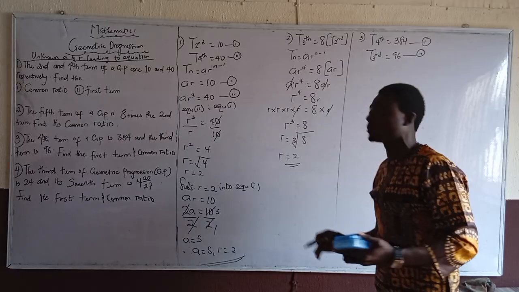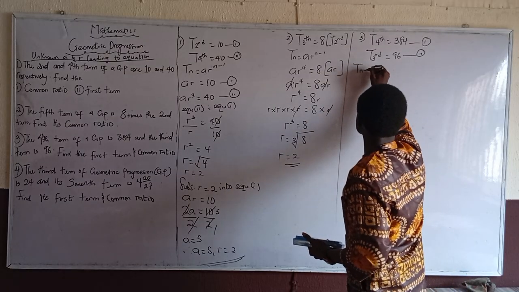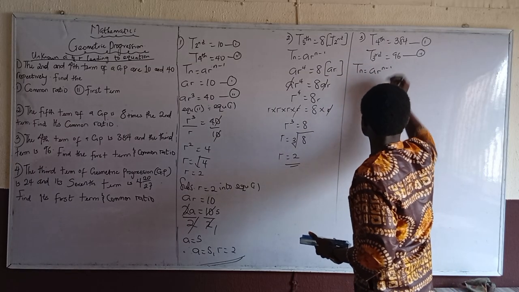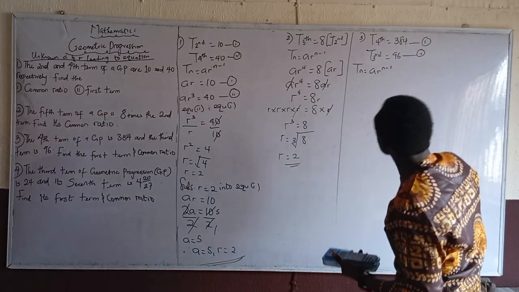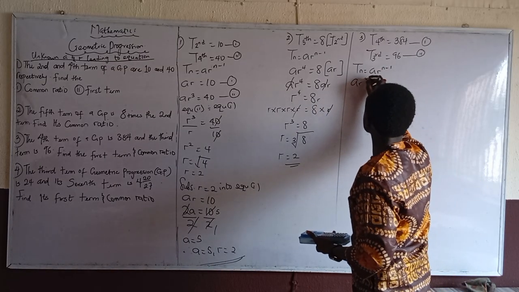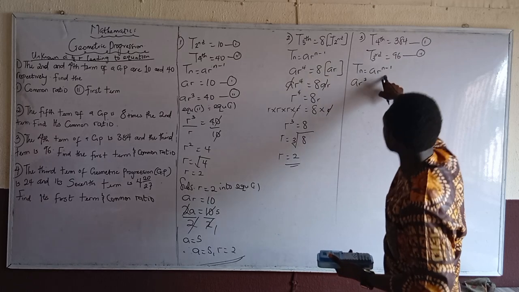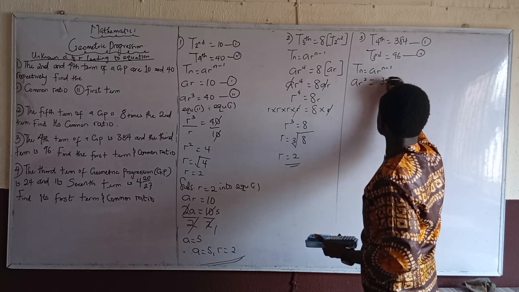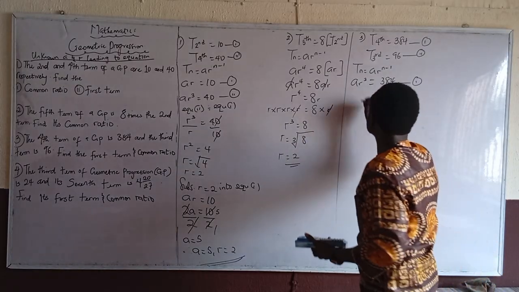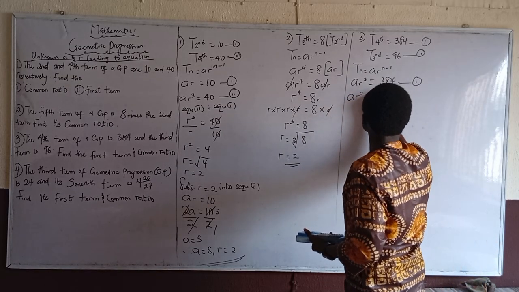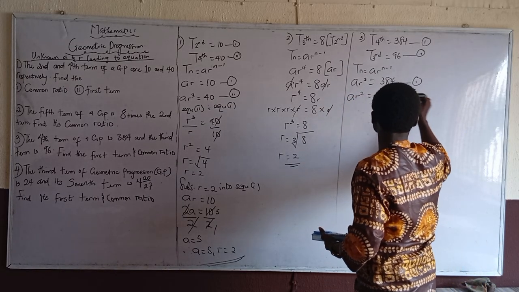That is A and R. My formula is Tn equals AR^(n-1). Now T4 will be AR^3, because n equals 4, equals 384, equation 1. T3 will be AR^2 equals 96, equation 2.